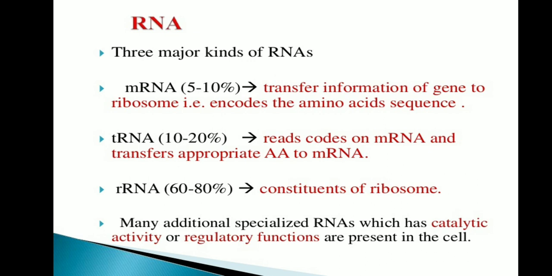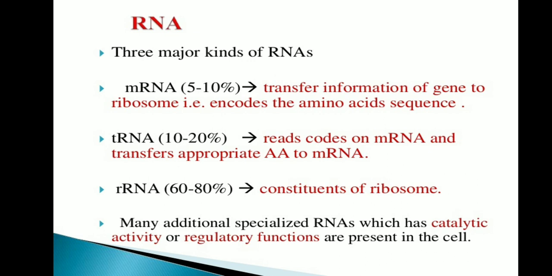Then tRNAs, which make up 10 to 20%, read the codes on the mRNA and transfer appropriate amino acids to the mRNA.